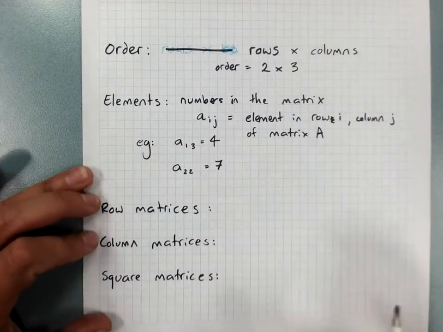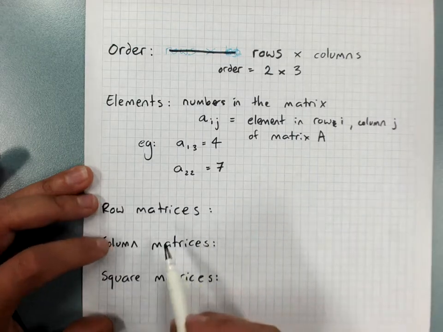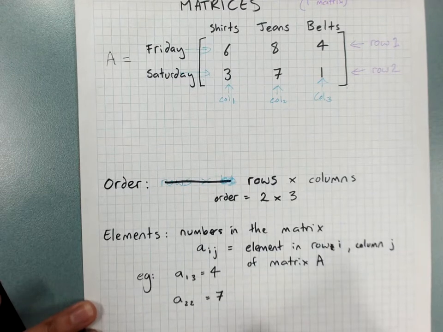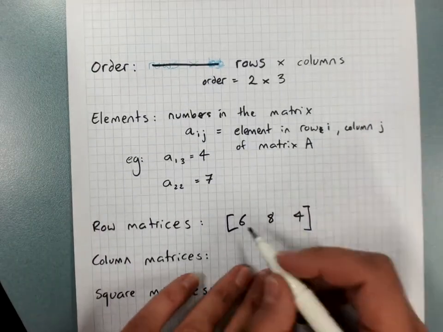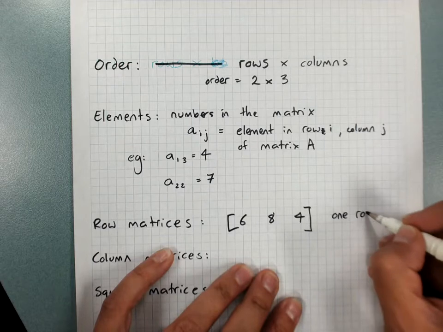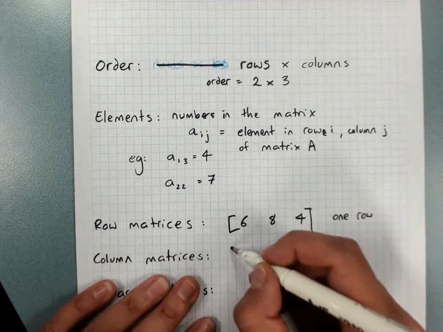There's a couple of particular types of matrices. Row matrices have only one row. So if I only looked at the Friday information, I would have 6, 8, 4, one row, as many columns as you want. Column matrices have only one column.